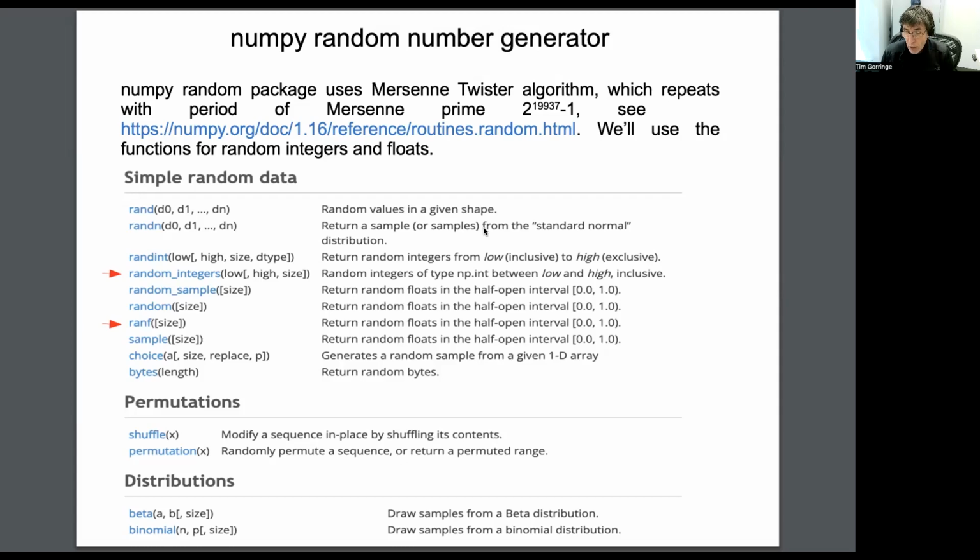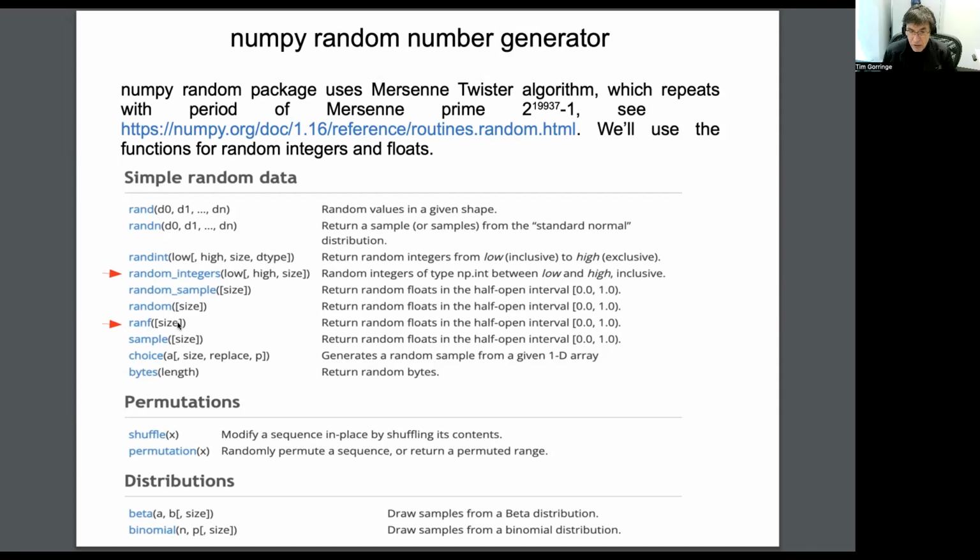We're going to use one in some examples to generate random integers in some range. And that's this function random underscore integers. And then we're going to use a second one to generate random floating point numbers in some range from 0 to 1. And that's this second function here, ranf.